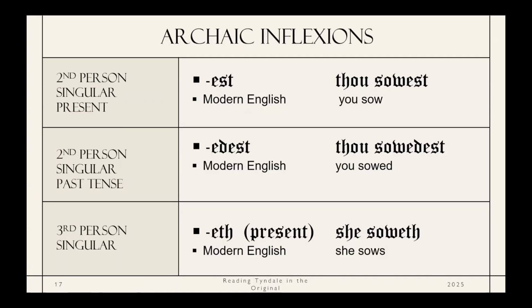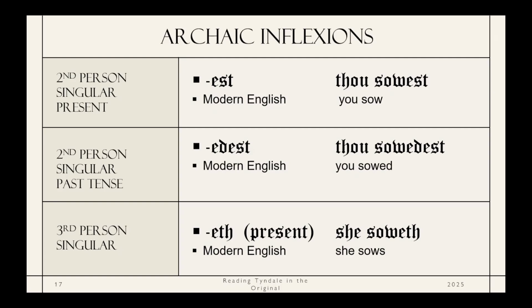Then you've got archaic inflections, which we don't have in modern English. And when you have a verb, which is in the second person singular present, you put est on the end. So the example, I've taken the verb sow, because I found all these forms in the New Testament. So you can say thou sowest, but we'd just say you sow, wouldn't we?